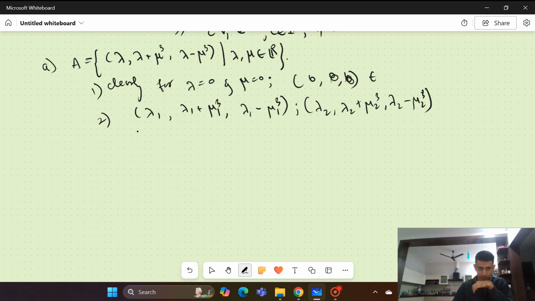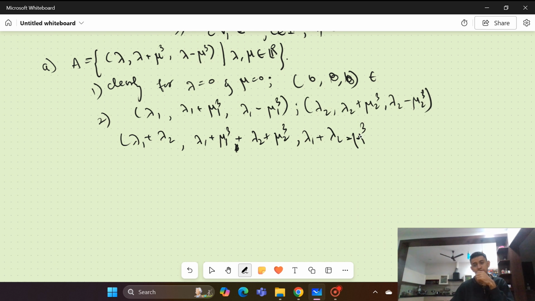Now if we add these vectors, we get lambda 1 plus lambda 2, lambda 1 plus mu 1 cube plus lambda 2 plus mu 2 cube, and lambda 1 plus lambda 2 minus mu 1 cube minus mu 2 cube.